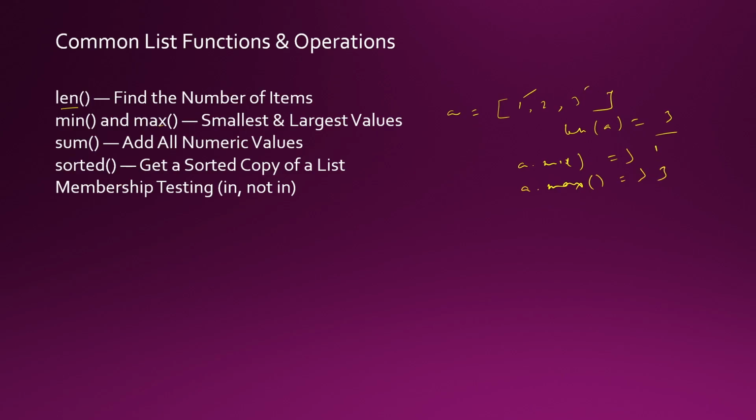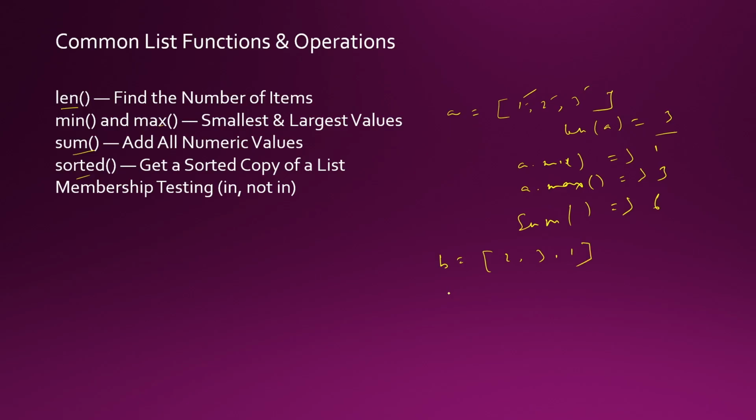Sum means just adding all the integer numbers. Adding 3, 2, 1: 3 plus 2 is 5, plus 1 is 6. It will give the answer as 6. Sorted means get a sorted copy of the list. Suppose B is 2, 3, 1.